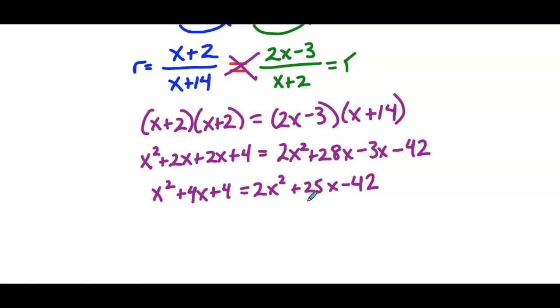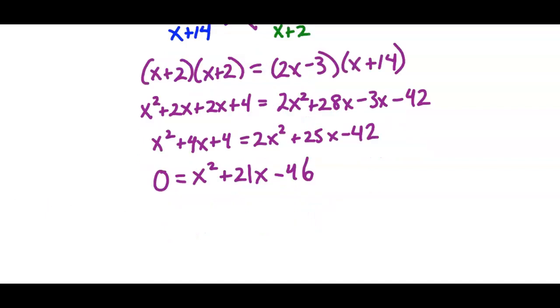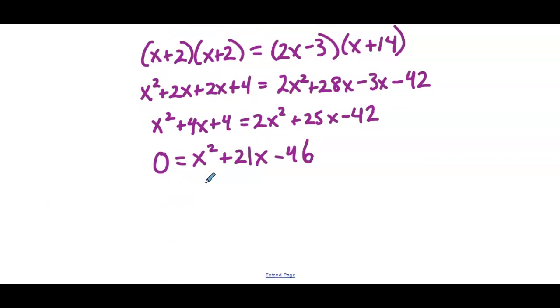We have a quadratic, so we need it equal to 0. Going to move all the terms on the left over to the right. So 0 equals x squared plus 21x minus 46. To make that look a little nicer, let's just switch the 0 around. So x squared plus 21x minus 46 equals 0.